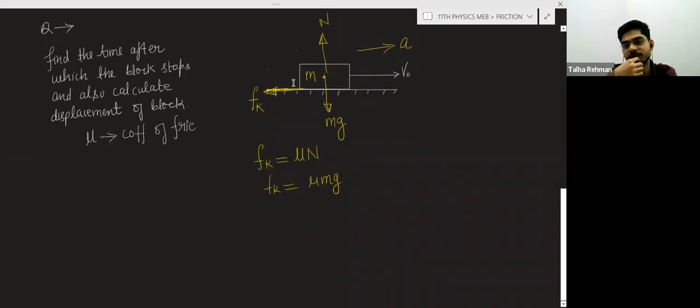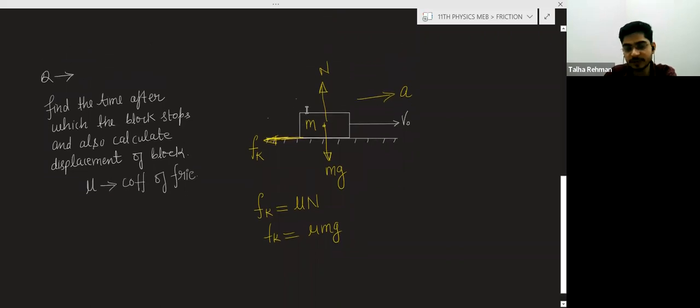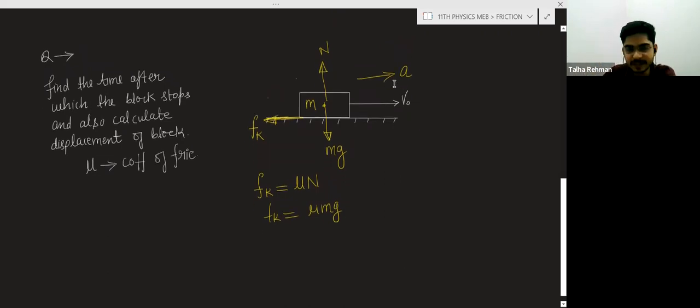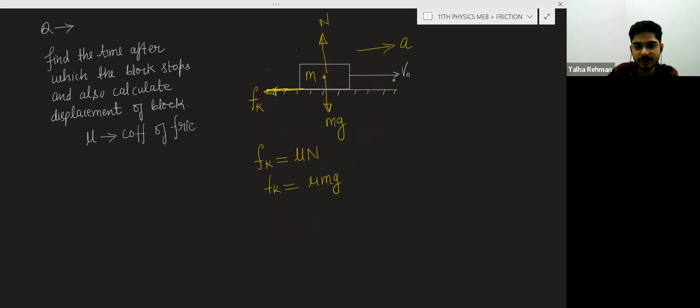What is the net force on this block? Force and acceleration are in opposite direction. So acceleration is equal to net force divided by mass; force is equal to mass into acceleration, Newton's second law.